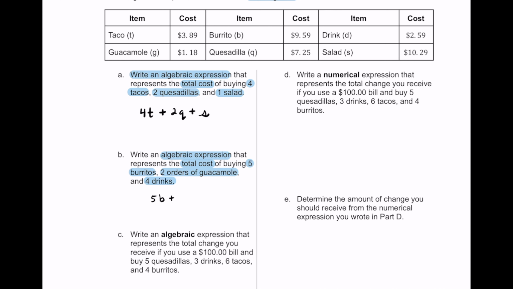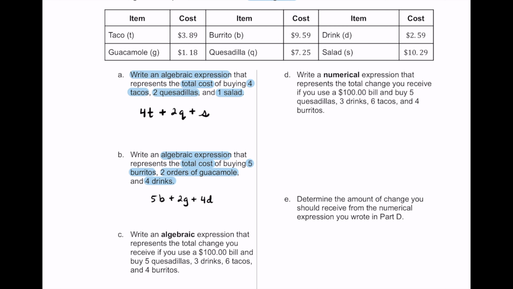Then we're buying 2 orders of guacamole. That's G, so we can say it's going to be 2G. Plus we're buying 4 drinks. Now the drinks are going to be represented by D. So 4 drinks, we can go ahead and write plus 4D. Okay, so if you substituted in the prices for each of these, you could then solve that numerical expression to get the total cost here.